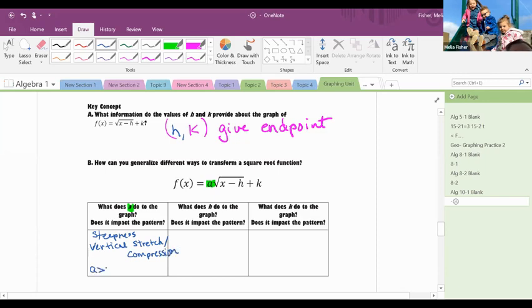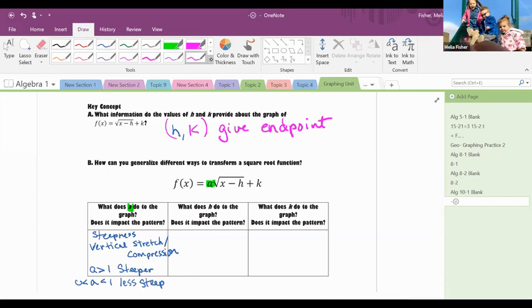If your A value is greater than 1, it gets steeper. If your A value is between 0 and 1, so a fraction, it's less steep. Sorry, I can't fit it all in my box.